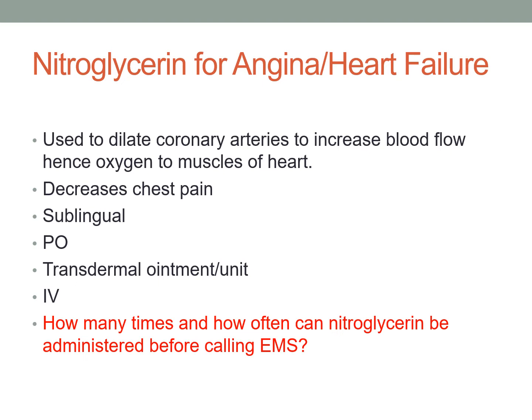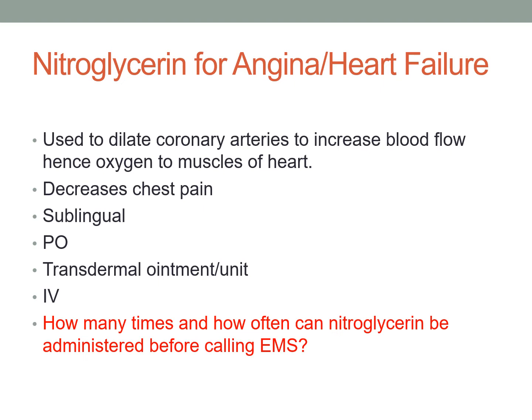So we just said angina was due to a decrease or lack of oxygen to the heart muscle. So if we give patients nitro, it can help dilate those coronary arteries. They become larger, blood flows easier. It increases that blood flow, hence we can get more oxygen to the heart muscle, and it can relieve that chest pain. Okay.